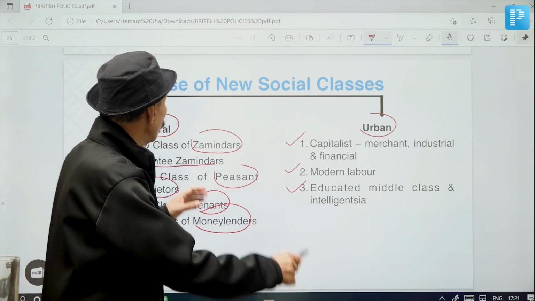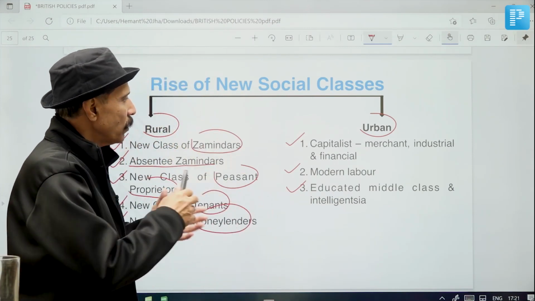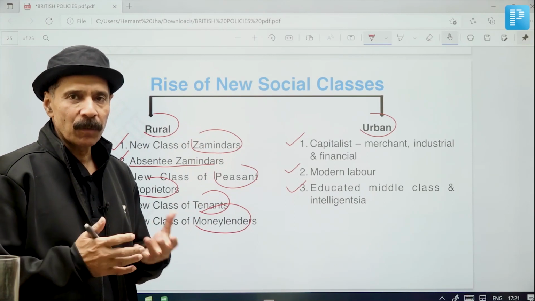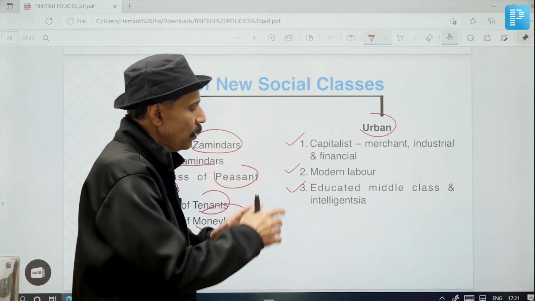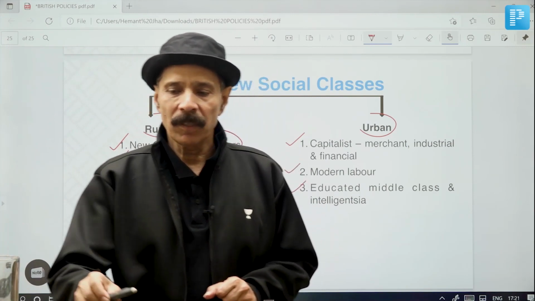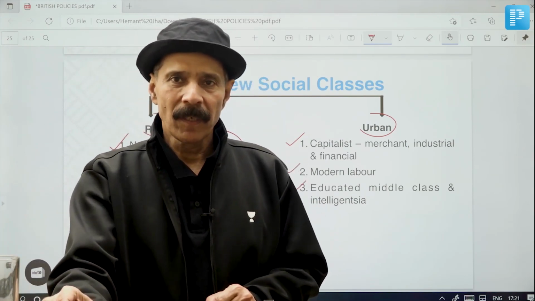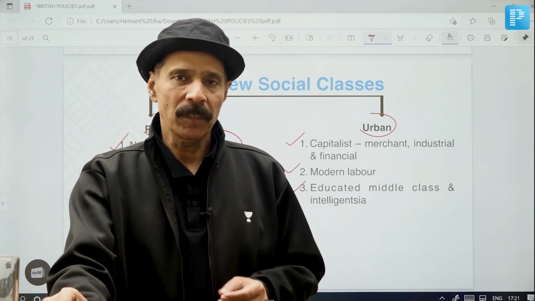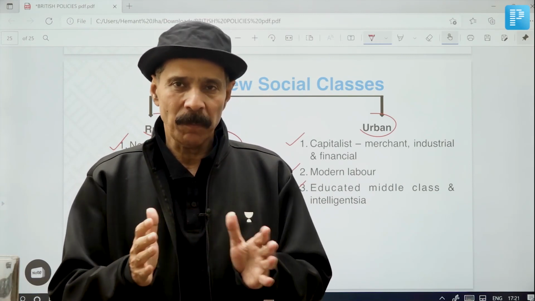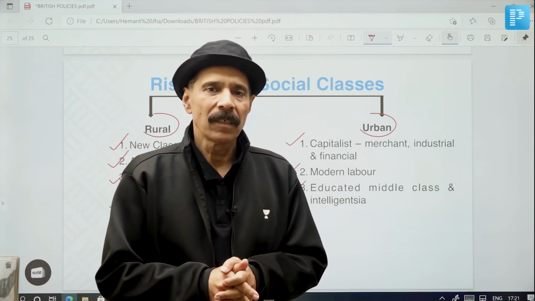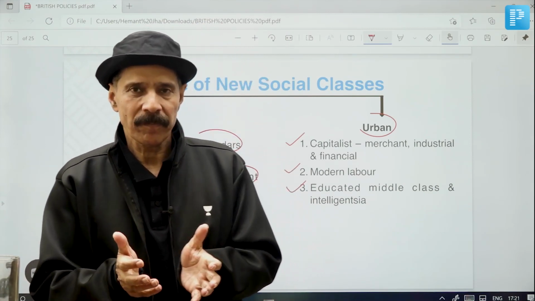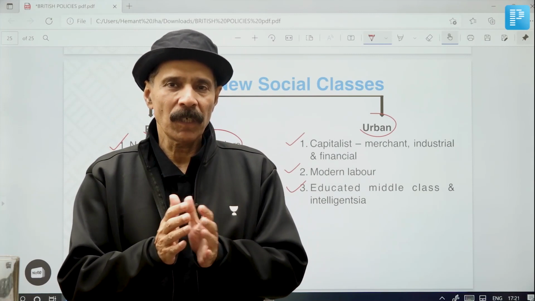So this is all about the rise of new social classes as a result of British policies in rural areas and in urban areas. So this is the last aspect. Under British policies, there are many aspects. And here what you find is selection. But this selection is also very broad.